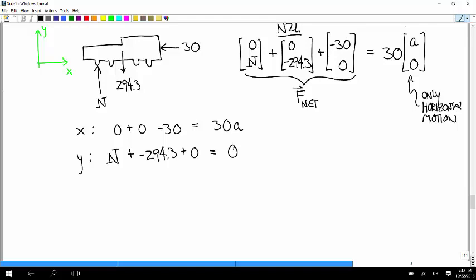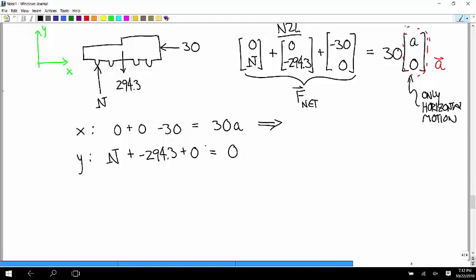We're trying to get the acceleration vector. So what we really want is that value a. This here all together is the acceleration vector. We just didn't know what that variable a was yet. So this one, negative 30 is equal to 30a.